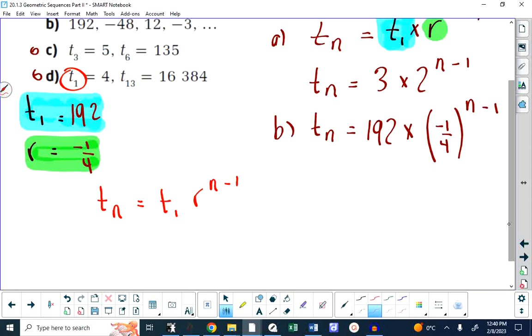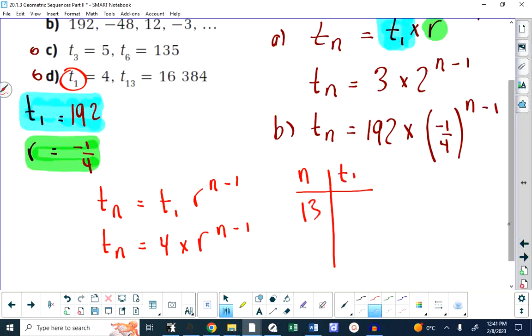It won't work for C. What you would do is say Tn equals the first term times r to the n minus 1, and then say that when n is 13, Tn is 16,384.